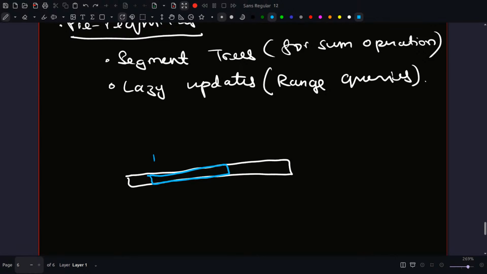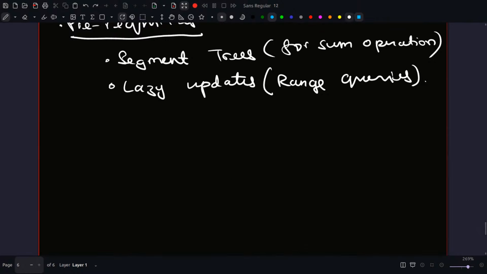So if this array has some values like 5, 7, 10, 3, 4, and you say that in this range you add the value 1, then 1 will get added to all these values. And this will somehow happen in log n, even though we're adding to a lot of elements. For our purposes, it's going to happen in log n.